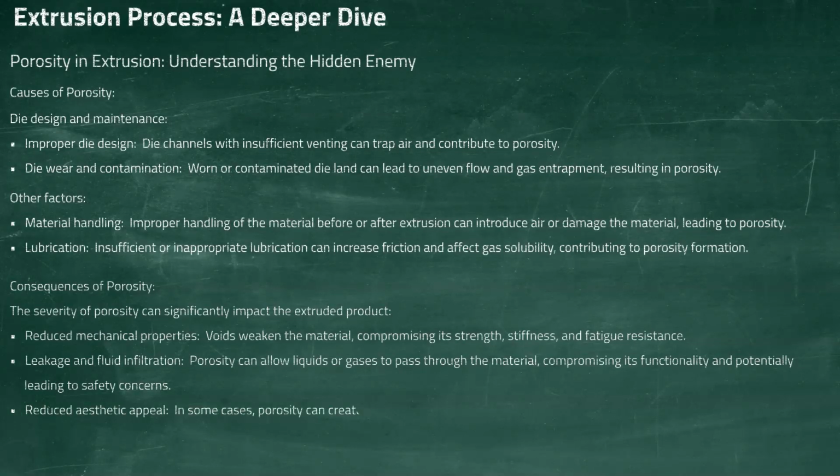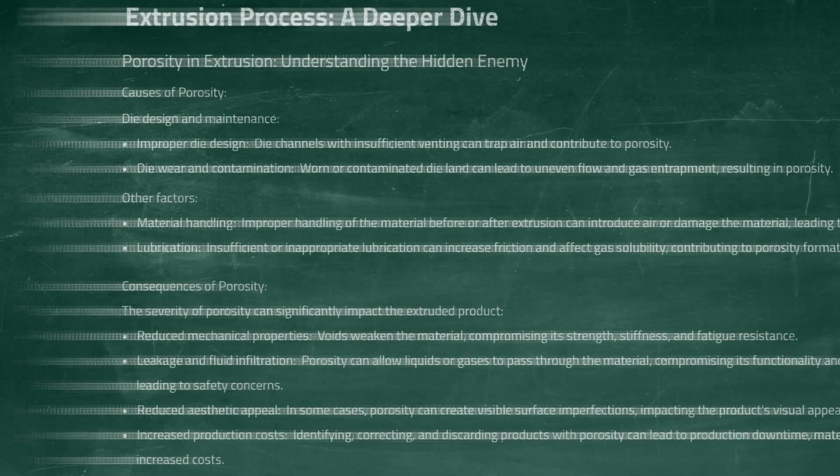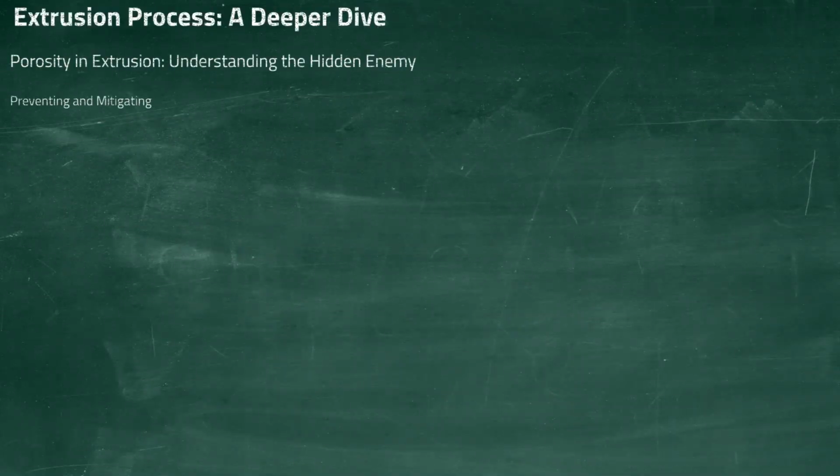Reduced aesthetic appeal: in some cases, porosity can create visible surface imperfections, impacting the product's visual appeal. Increased production costs: identifying, correcting, and discarding products with porosity can lead to production downtime, material waste, and increased costs.